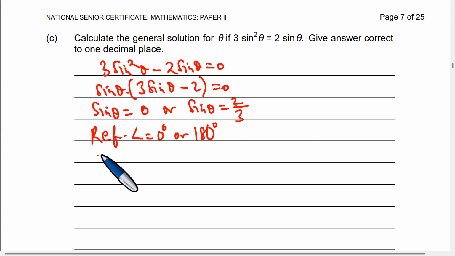Which means that theta is equal to 0 degrees plus 360 degrees times k, where k is in Z.